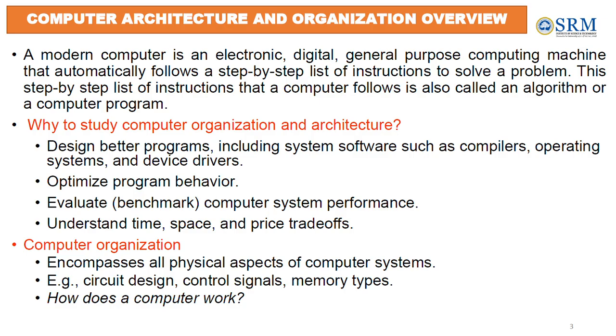The computer architecture and organization overview. If we talk about it, the modern computer is an electronic, digital, general purpose computing machine that automatically follows a step-by-step list of instructions to solve a problem. This step-by-step list of instructions is also known as the computer program.